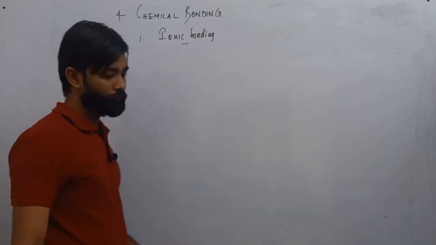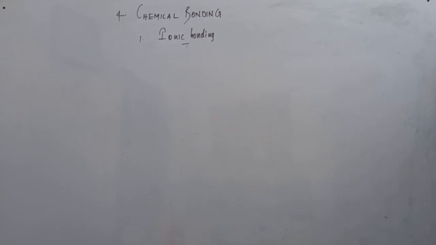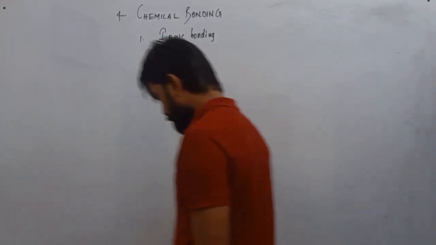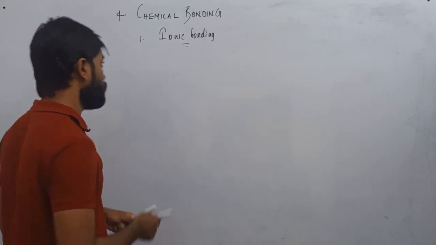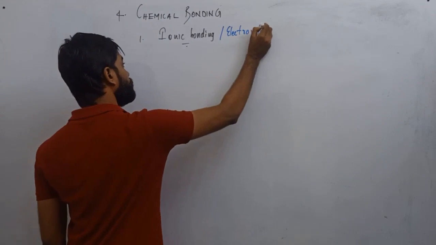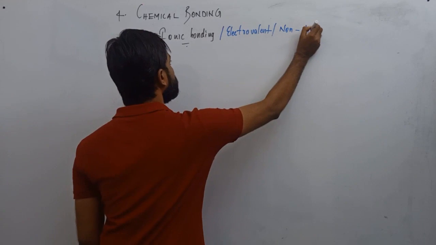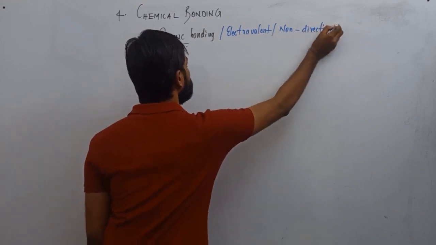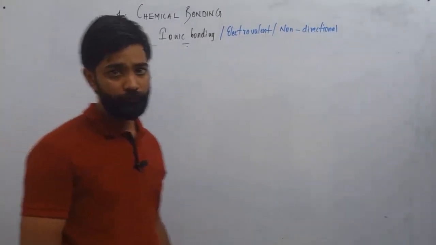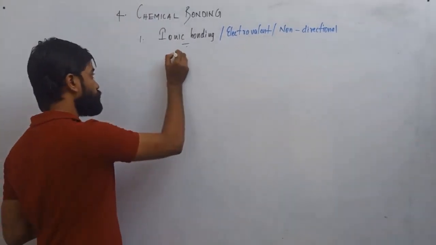In ionic bonding, there are some alternate names, that is electrovalent bonding or non-directional bonding.